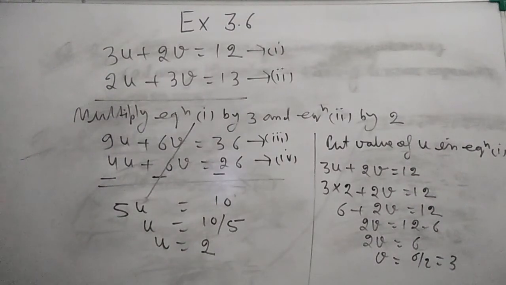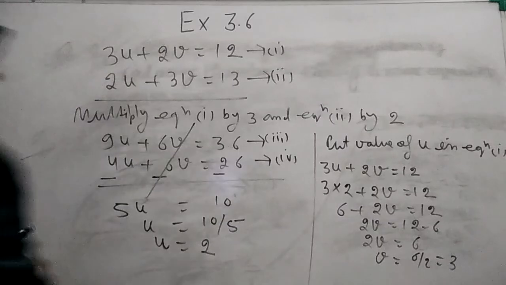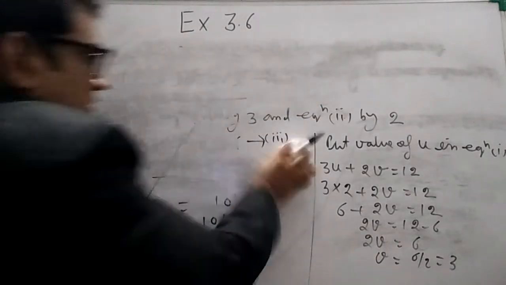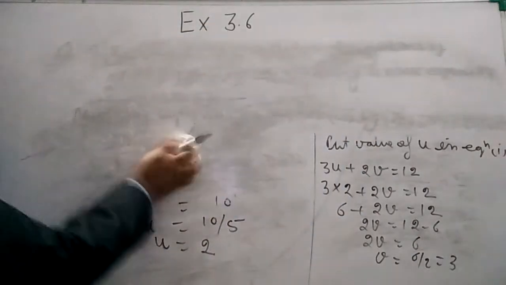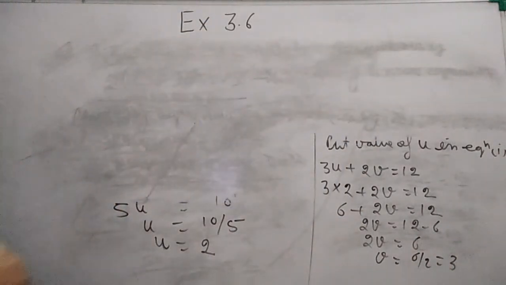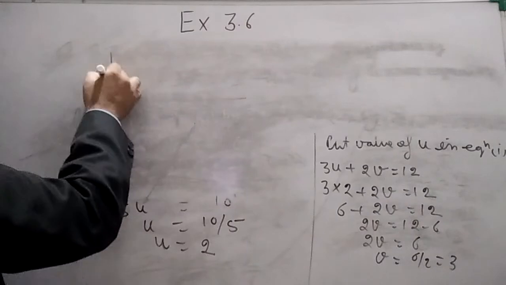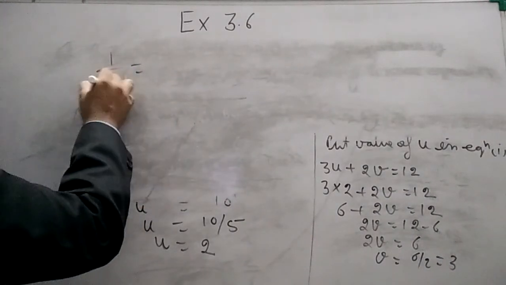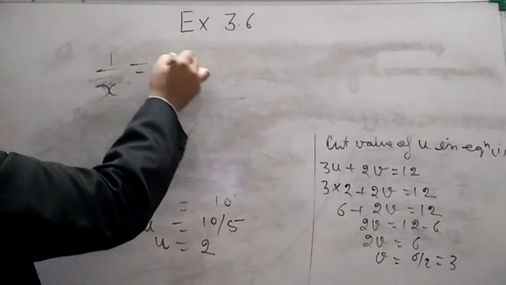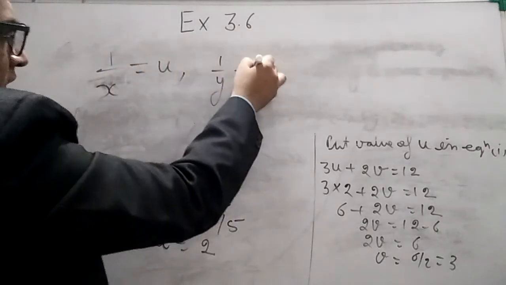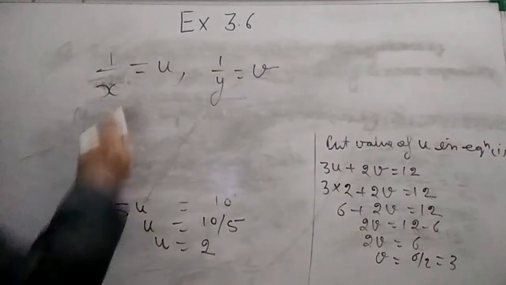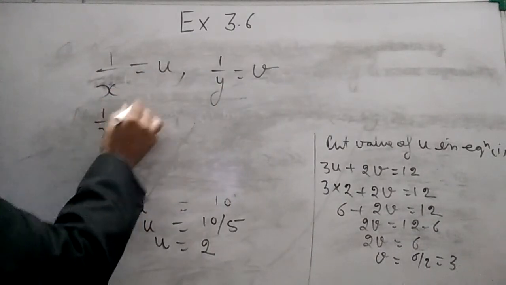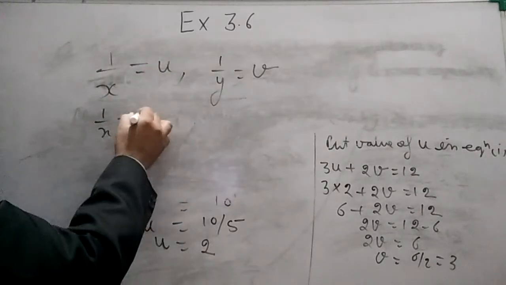But dear student, already we have considered 1 upon x equal to u, and 1 upon y equal to v. Put the value of u and v, we will get the value of x and y. Therefore 1 upon x equal to u. The value of u is 2.